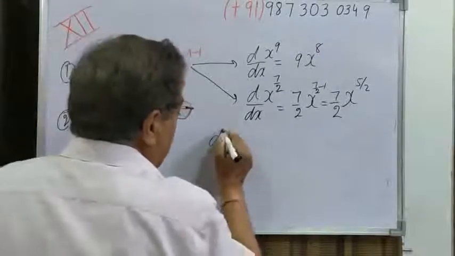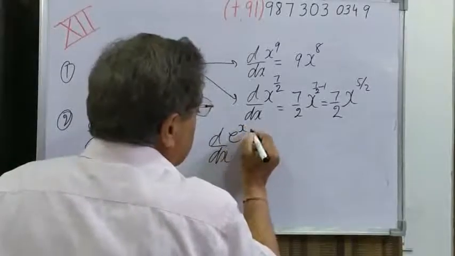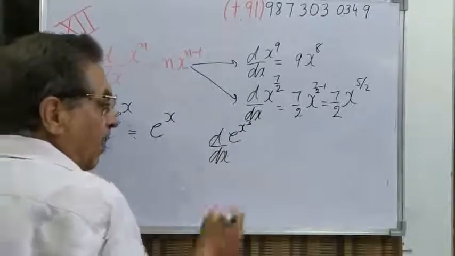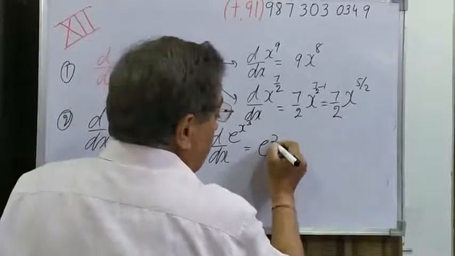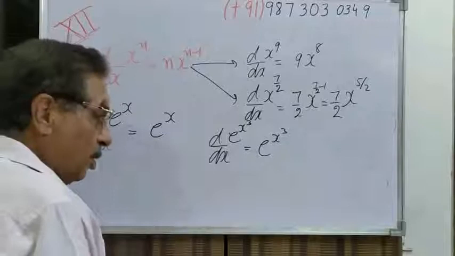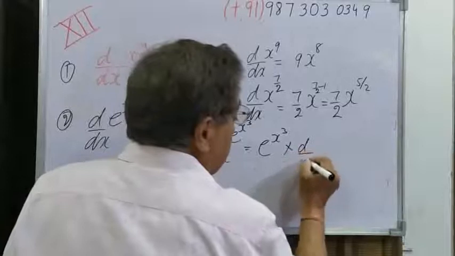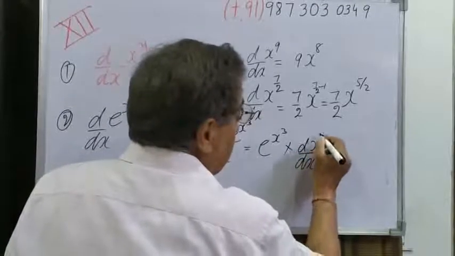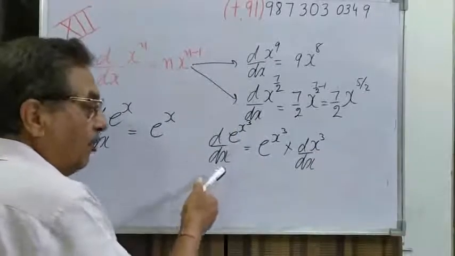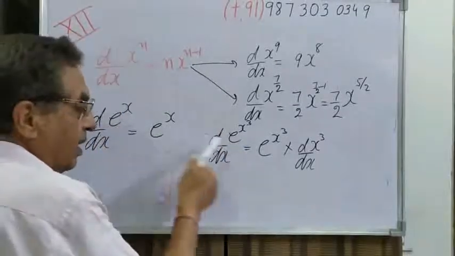Now, suppose you come across a question d/dx of e to the power x cubed. Then what must the answer be? That is e to the power x cubed as it is, and then according to the chain rule, into d/dx of x cubed. The chain rule says first of all we differentiate e to the power x cubed as a whole, which gives e to the power x cubed as such.